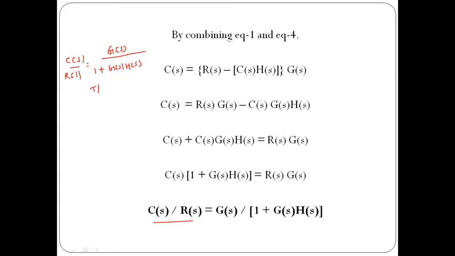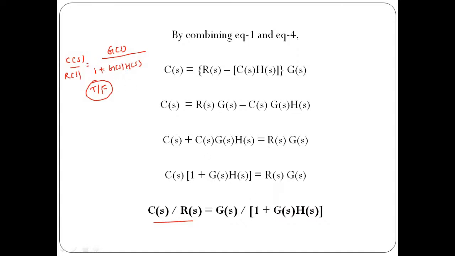This indicates the transfer function of a general closed loop control system where G of S indicates forward path gain, H of S indicates feedback path gain. And why have we taken the plus sign? Because we get that sign if you solve those equations.